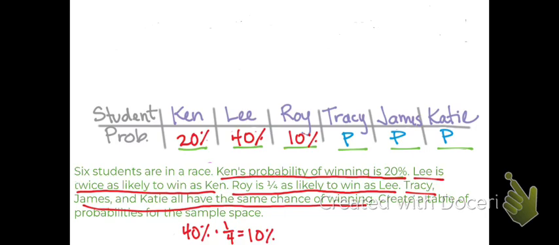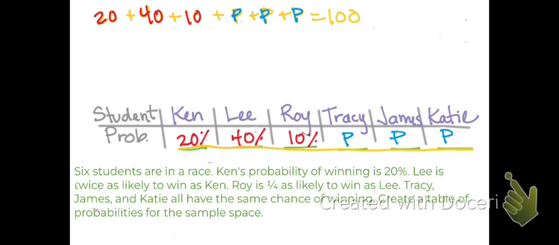So just like in the other one, but this one is percents, we know that all of these add up to 100%. So we create an equation. Instead of putting the percent symbol, I'm just going to use 20, 40, and 10. And then you solve this equation again by first combining your like terms on each side.